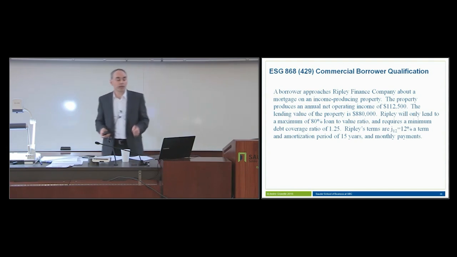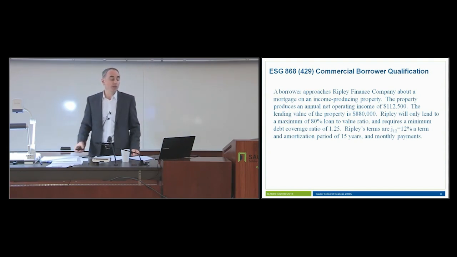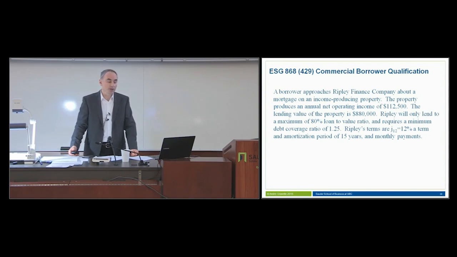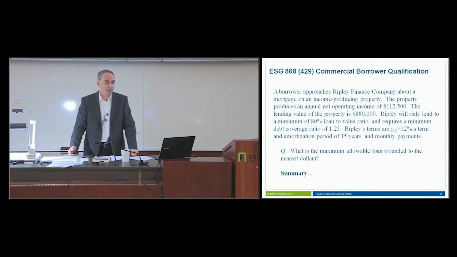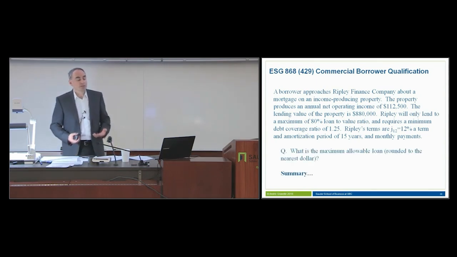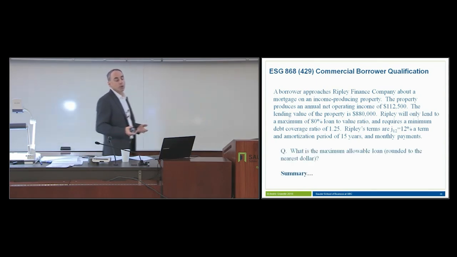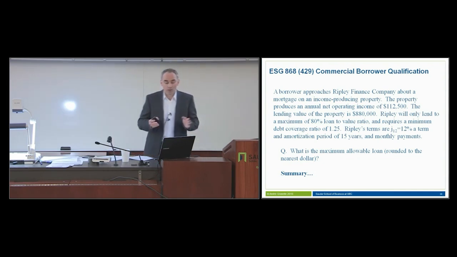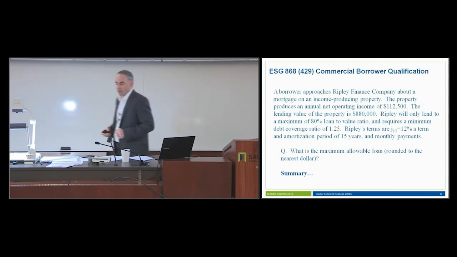Ripley will only lend to a maximum of 80% loan-to-value ratio and requires a minimum debt coverage ratio of 1.25. Ripley's terms are J12 equals 12%, a term and amortization period of 15 years, and monthly payments. The question is, what is the maximum allowable loan rounded to the nearest dollar? Okay. So lots of information here, so let's summarize it on the next slide.